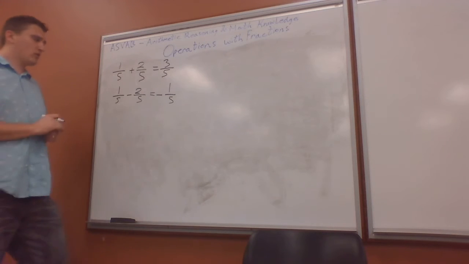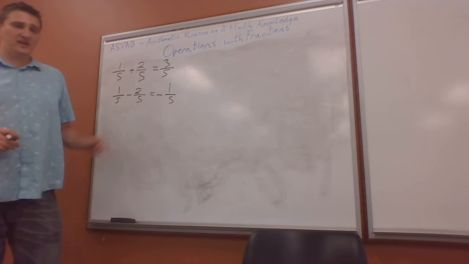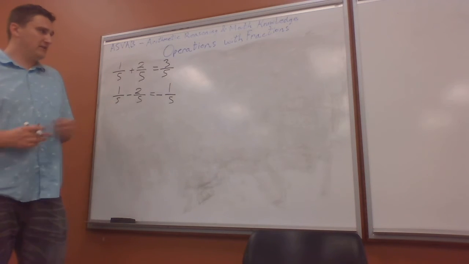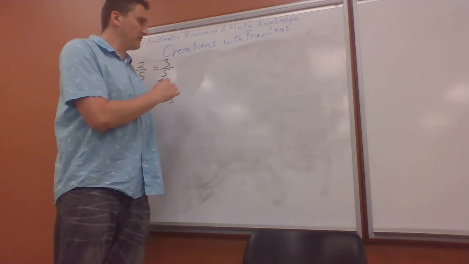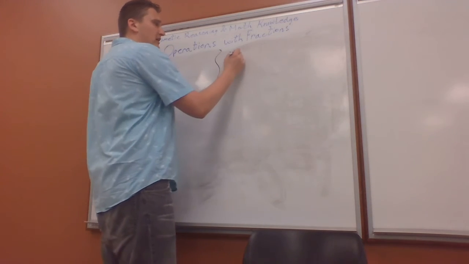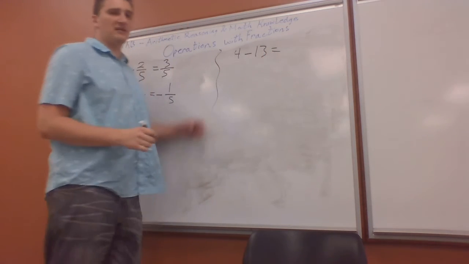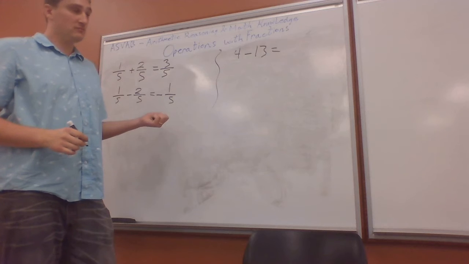If you don't know quite how to subtract a bigger number from a smaller one to get those negatives, there's a trick behind it. Maybe I can show you just real quick instead of making another video for that. If I have 4 minus 13, clearly that's going to make us go below 0 on our number line.